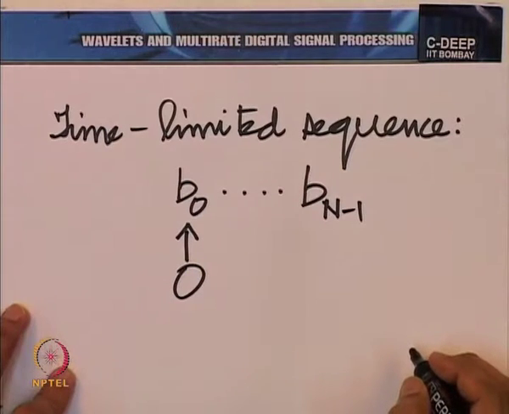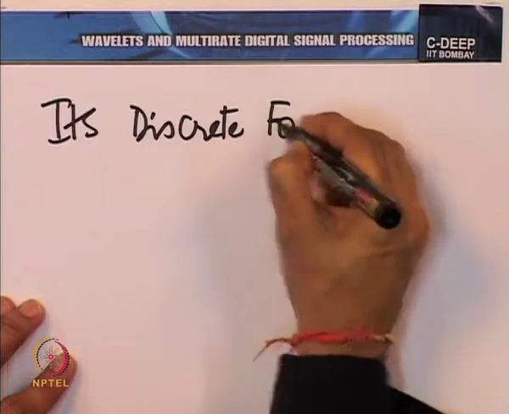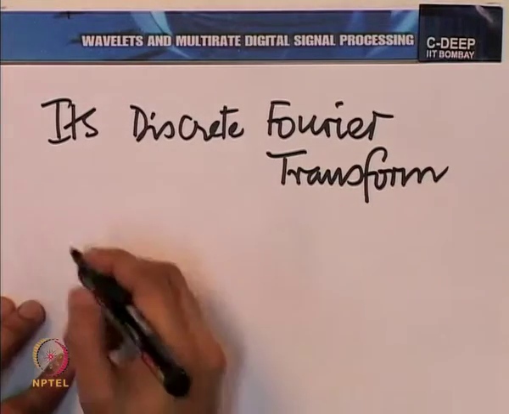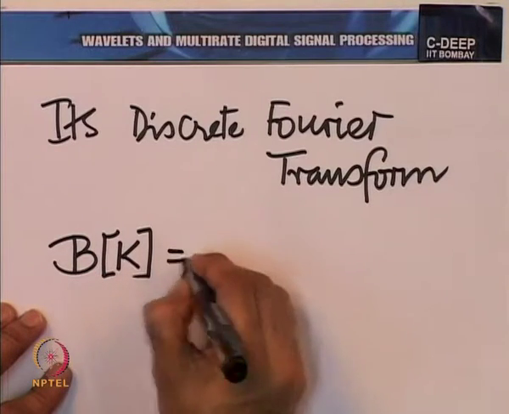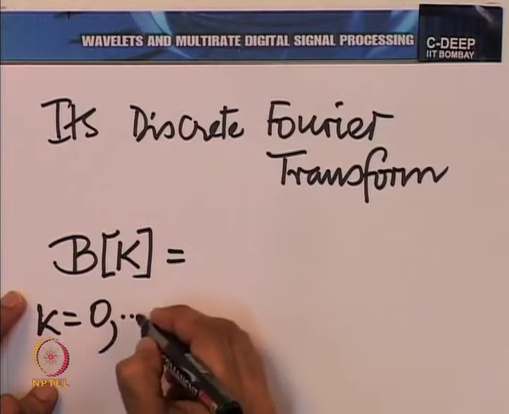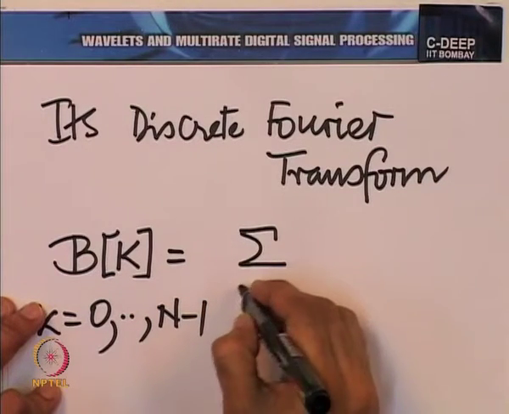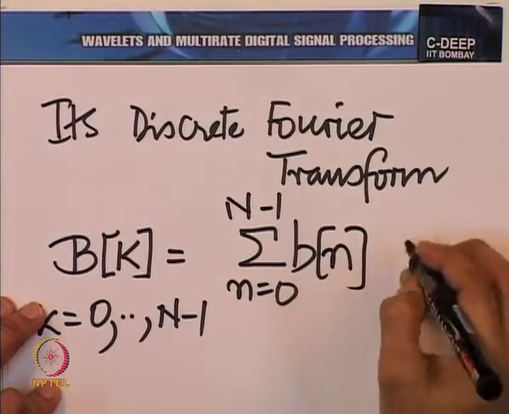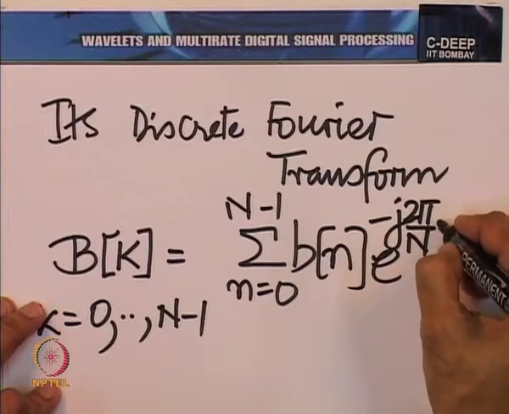So, if this is the time limited sequence of capital N samples, its discrete Fourier transform is essentially capital B[k], of course, k also running from 0 to capital N minus 1, with capital B[k] defined by summation n going from 0 to capital N minus 1 of b[n] e to the power minus j 2 pi by N times n k.